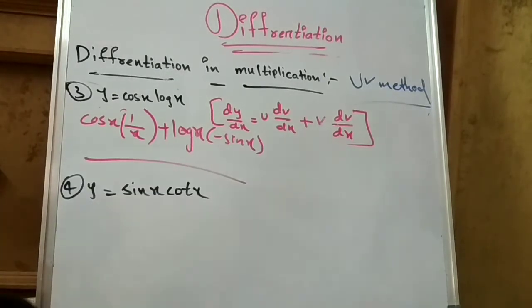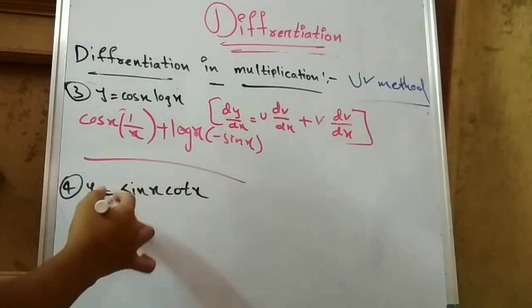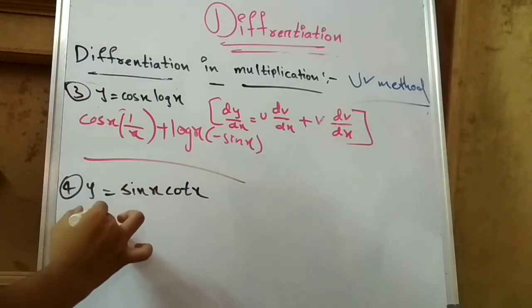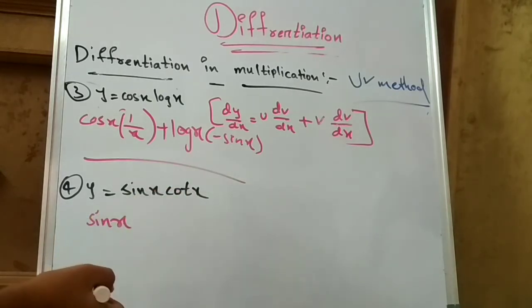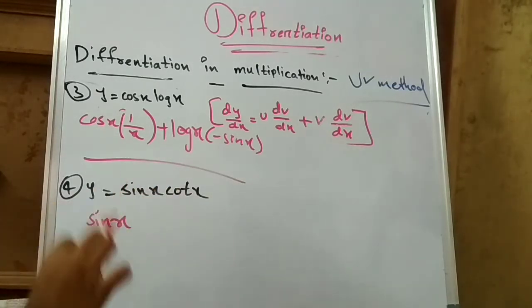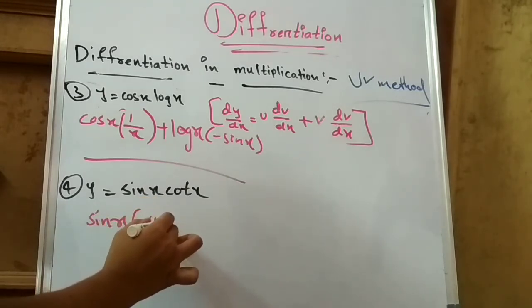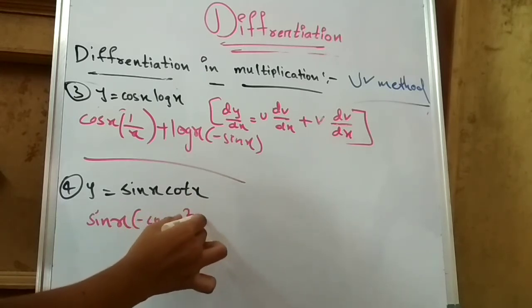Okay, let's take question sin x cot x. So dy by dx is equals to, hold sin x, don't do anything to it, sin x. Now cot x is equals to minus cosec square x, right? So cot x is minus cosec square x.